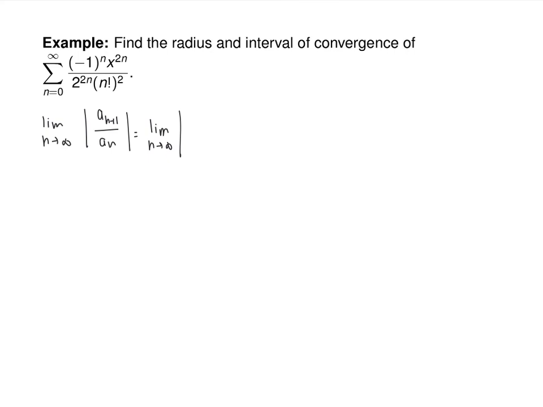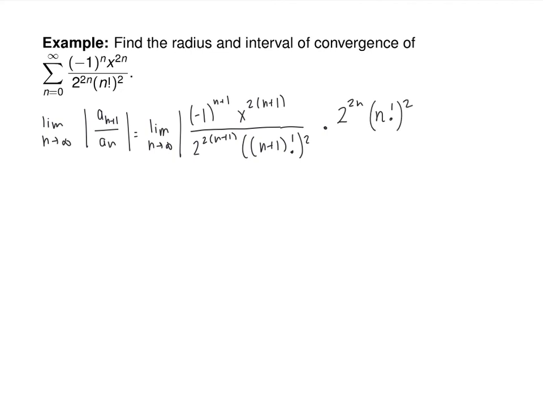All right, first input n plus 1: negative 1 to the n plus 1, x to the 2 times n plus 1 over 2 to the 2 times n plus 1 times (n plus 1) factorial squared, multiplied by 2 to the 2n (n factorial) squared over negative 1 to the n x to the 2n.